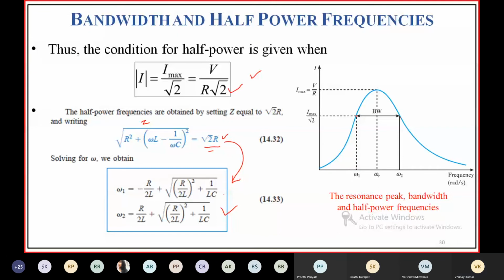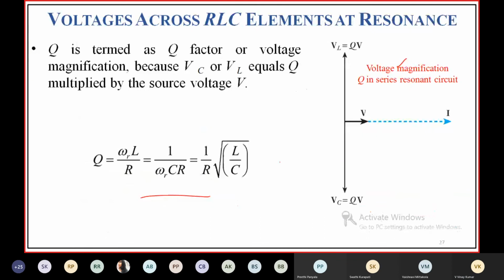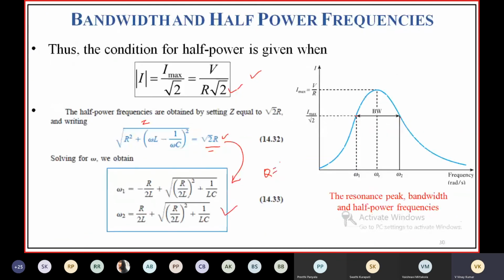Here see, you know what is Q, right? Q is equal to 1 by R root LC, right?